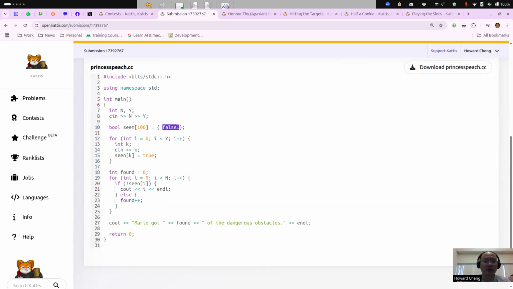Now, in case you didn't know, when you initialize an array of size whatever, you're supposed to put in the number of values that's the size of the array. So in this case, I have 100 values, but I only put in one. When you're missing any values, then automatically it's filled in with zeros.